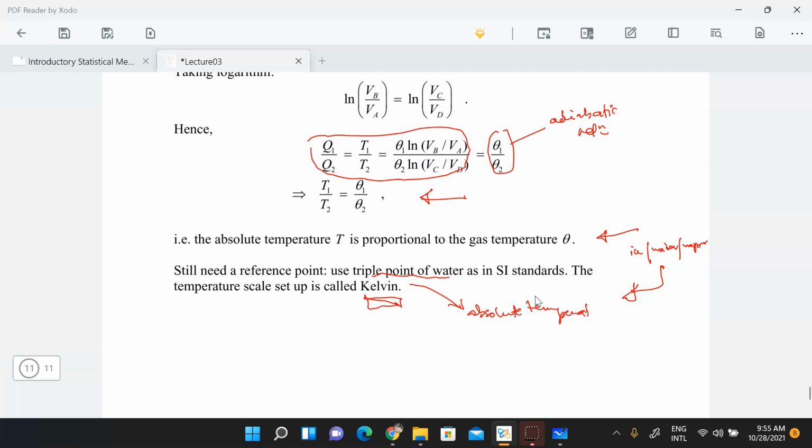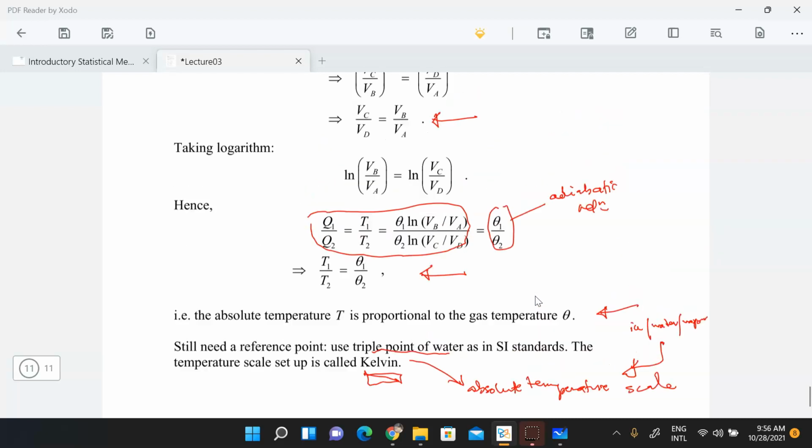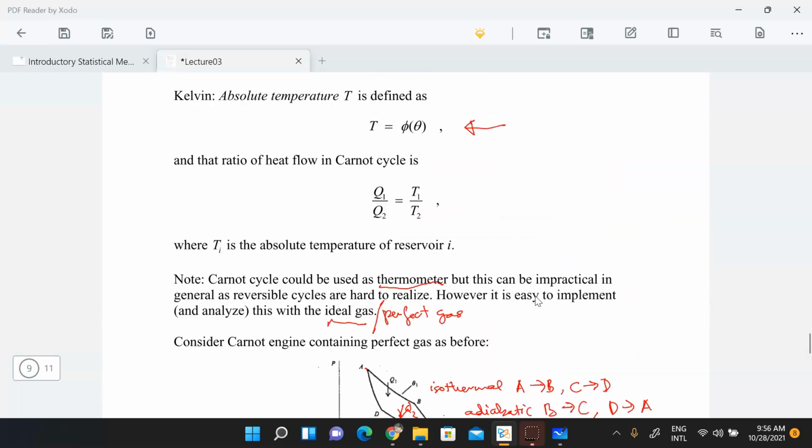So, okay, I've come to the end of my notes. So, yes, scale.